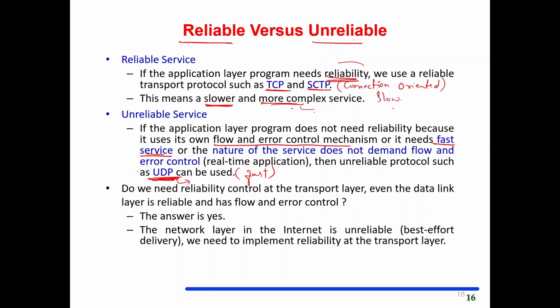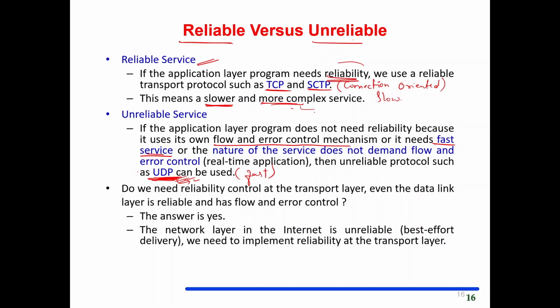Depending on our requirement, if it is a very small length of data, we can prefer UDP. But wherever we require more accuracy, we require the TCP and SCTP protocols, which we call reliable services. The other one is called UDP, where much accuracy is not required; at that time you can prefer the UDP protocol.